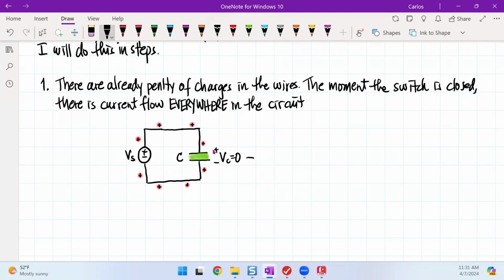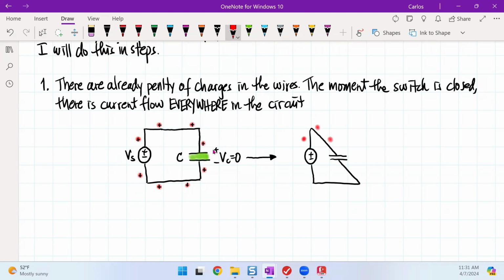So picture-wise, what does this actually mean in the potential model? In the potential model, I have an incline with the capacitor in there. And once again, I have my charges.